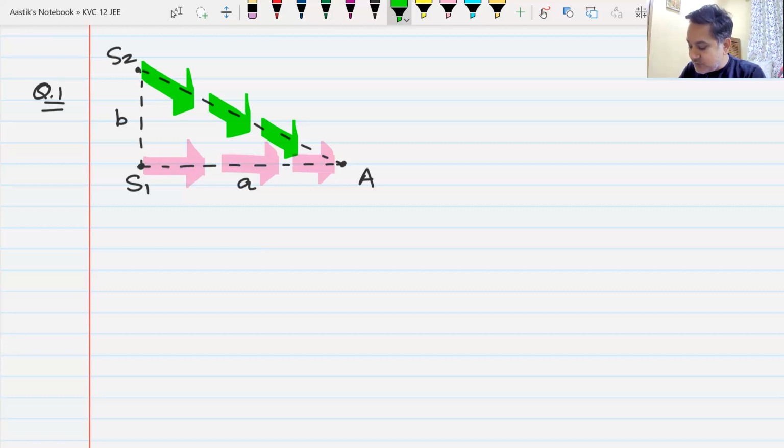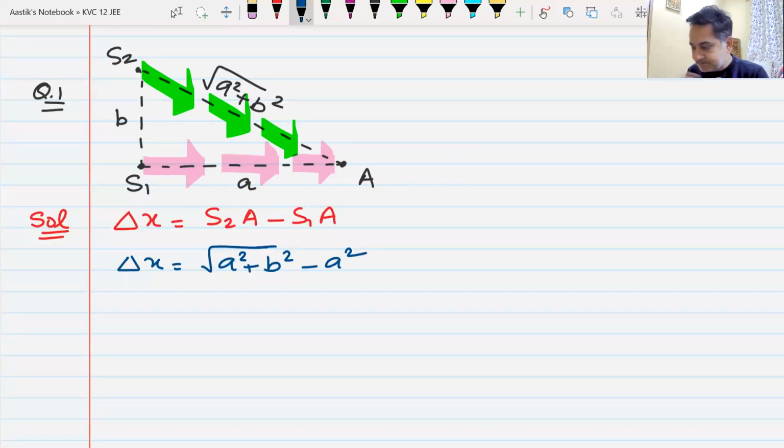How much is S2A? Root over a square plus b square, the hypotenuse, minus a. S2A is the hypotenuse minus S1A, which is a, and that is the answer, my dear friends.